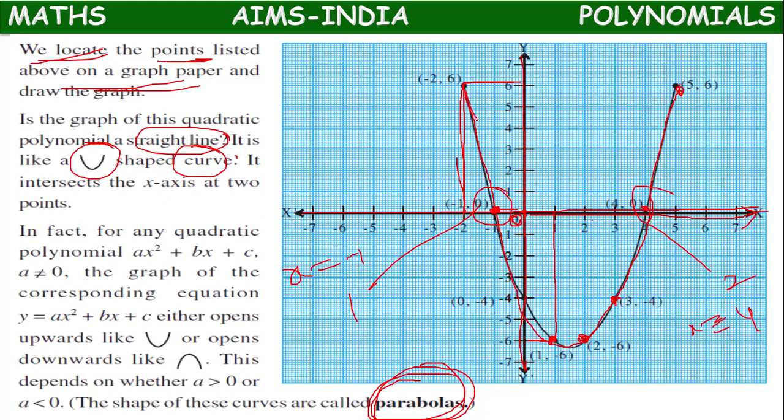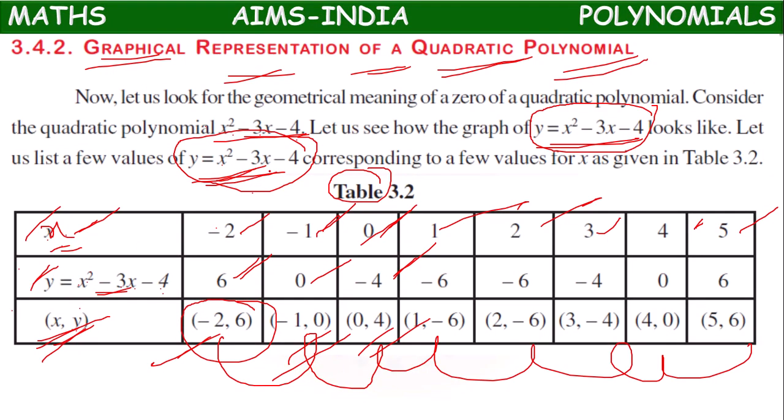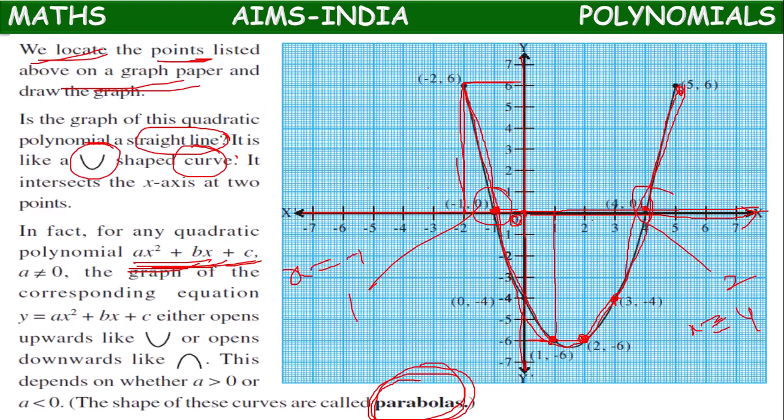So what is the name of this graph, children? This graph is a representation of a quadratic polynomial, which looks like ax square plus bx plus c, or here x square minus 3x minus 4. So the graphs of quadratic polynomials are open curves, either open upwards or open downwards.